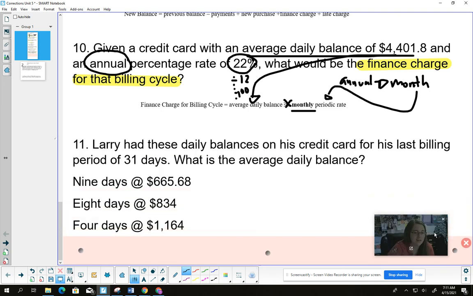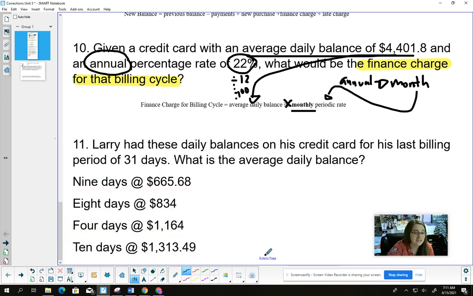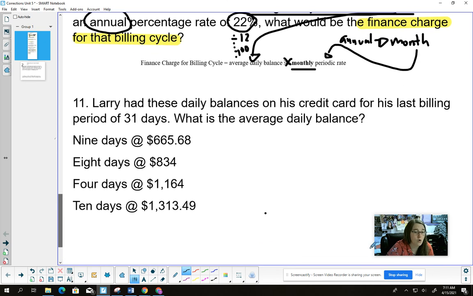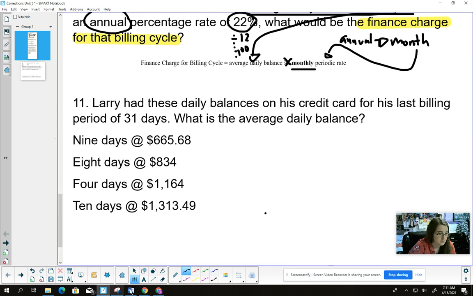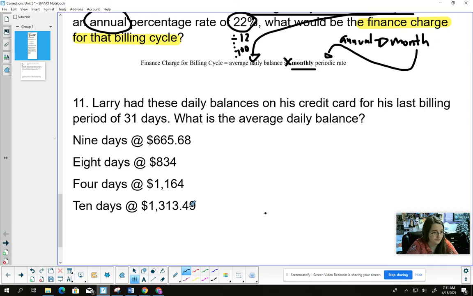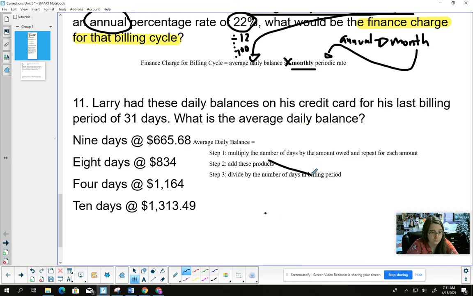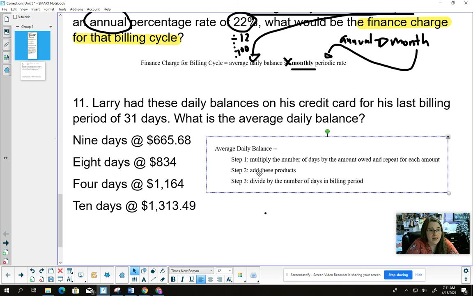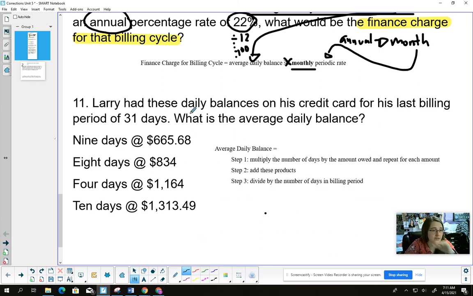So last question here is average daily balance. This is on the formula sheet. It's a whole process. So we're going to look back there. Average daily balance. So a couple of you guys forgot this first step and skipped to step 2.